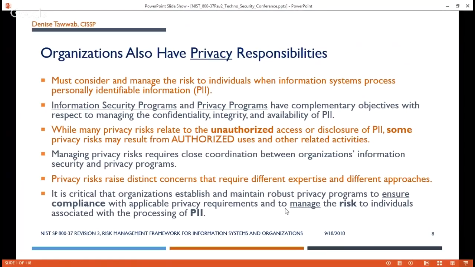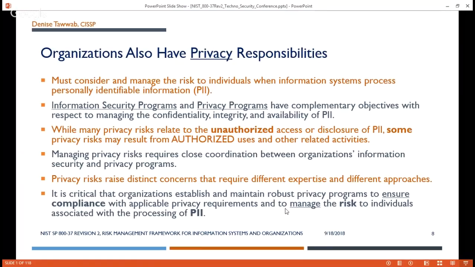So organizations also have privacy responsibilities. We must consider and manage the risk to individuals when information systems process personally identifiable information, also called PII. Information security programs and privacy programs have complementary objectives with respect to managing the confidentiality, integrity, and availability of PII.